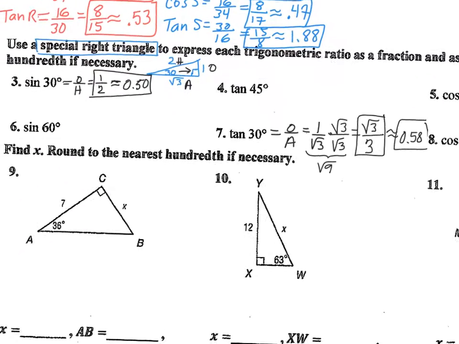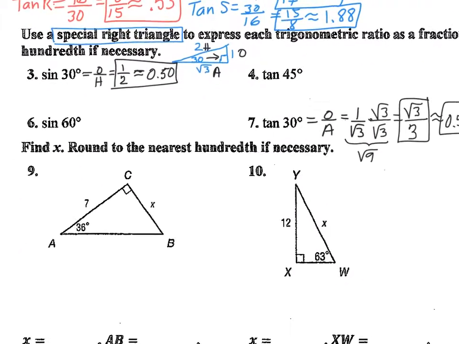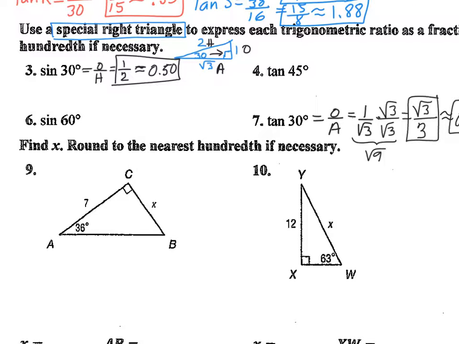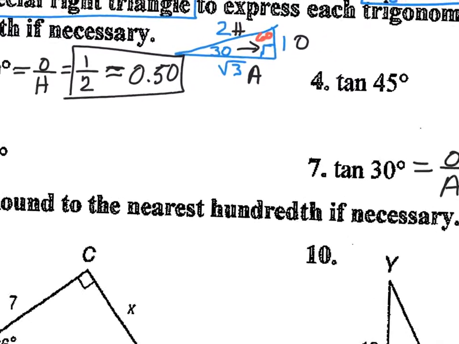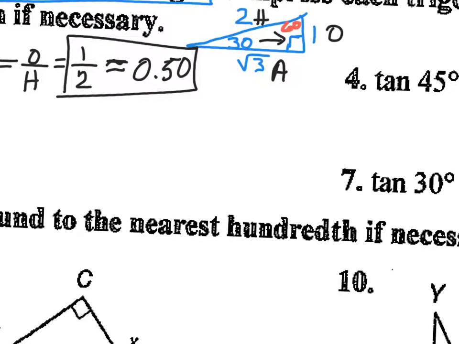Now let's go ahead and do it from the 60-degree angle. Well, from the 60-degree angle, let me see if I can. No, I cannot. Okay, I'm going to use a red color. So from the 60-degree angle, this is 60. So across from the 60 would be my opposite side.